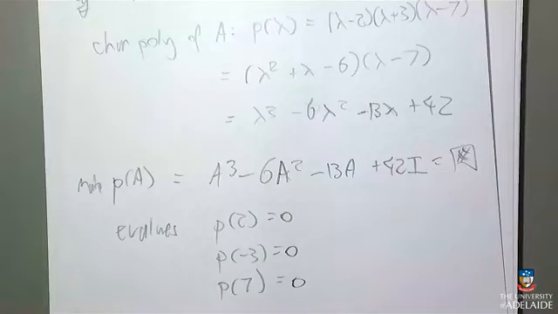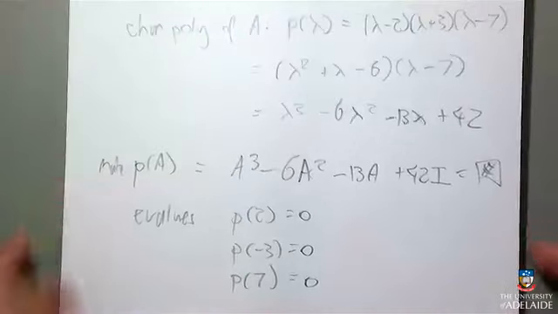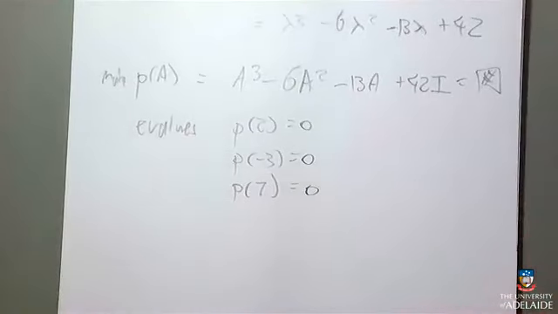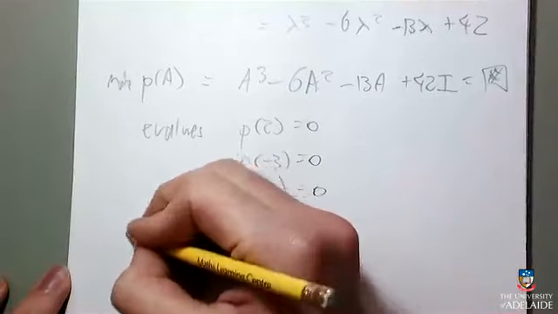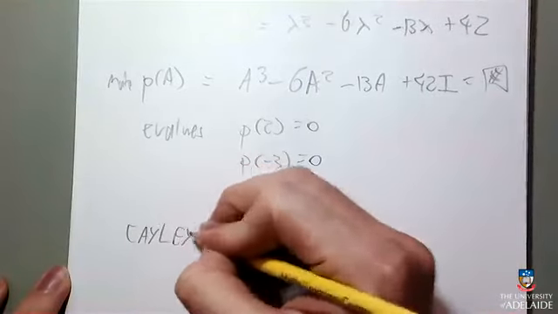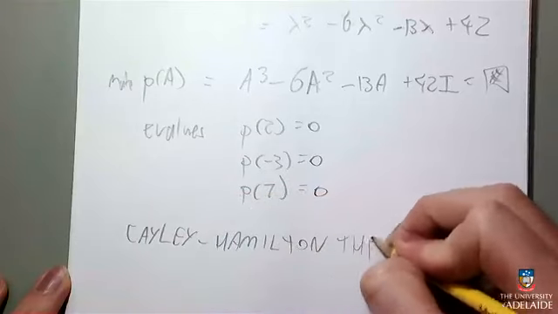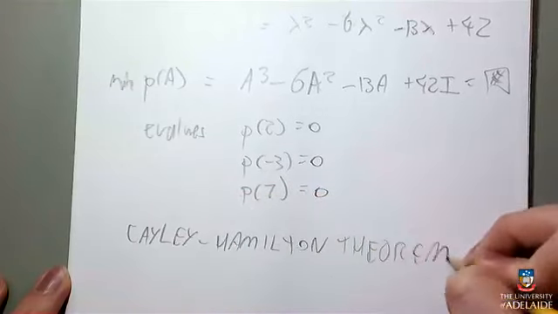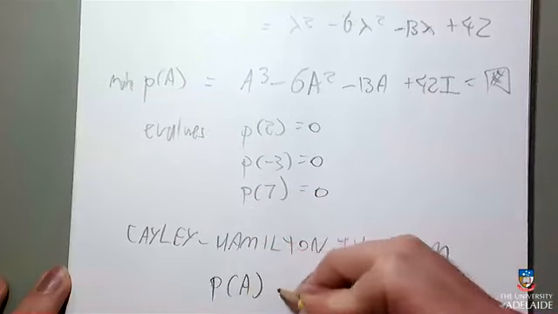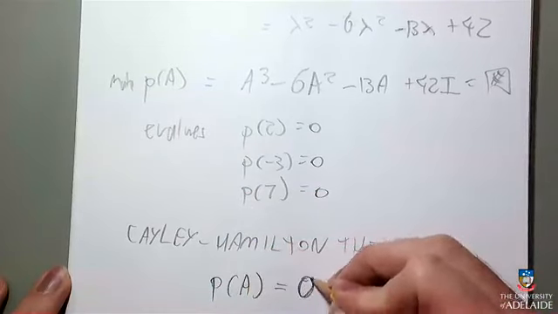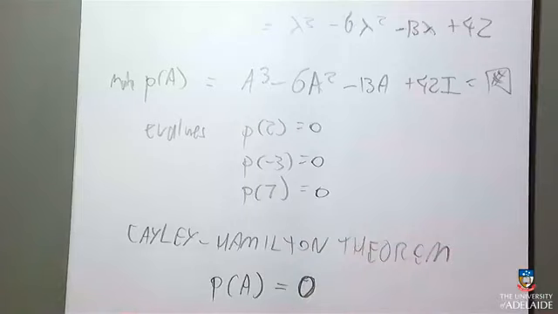What the Cayley Hamilton theorem says is it's not just that all the eigenvalues are 0, the whole matrix is 0. The 0 matrix.